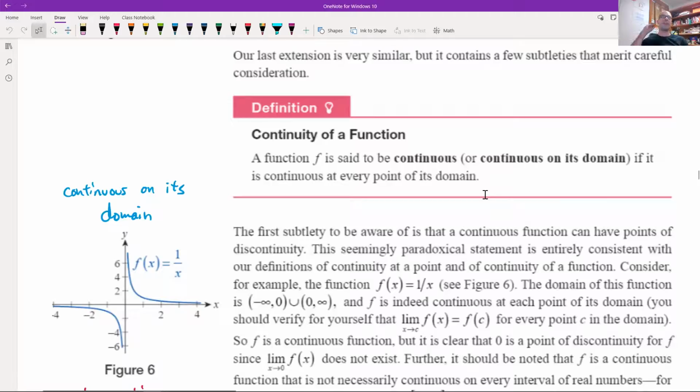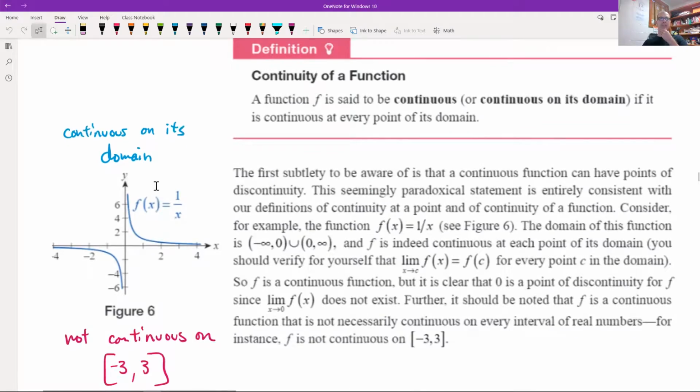So if there's an x value that's not in the domain of the function, that discontinuous point does not count against being a continuous function overall. It's a little bit paradoxical, but we'll see that.